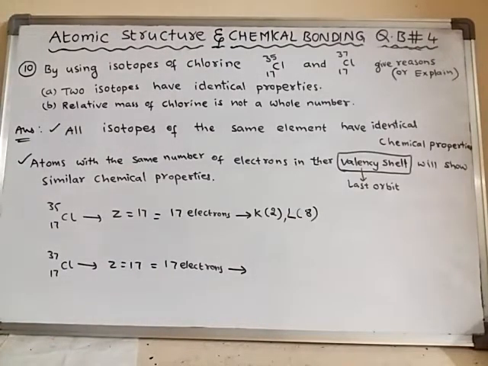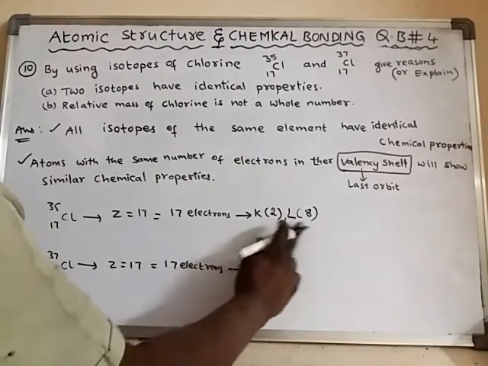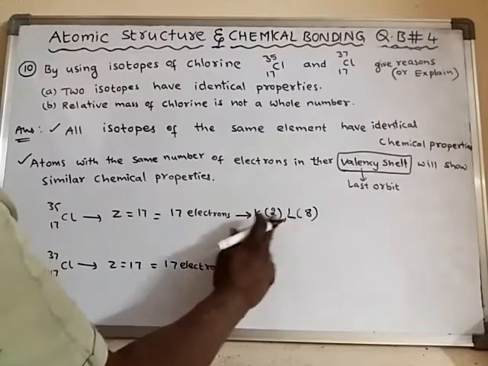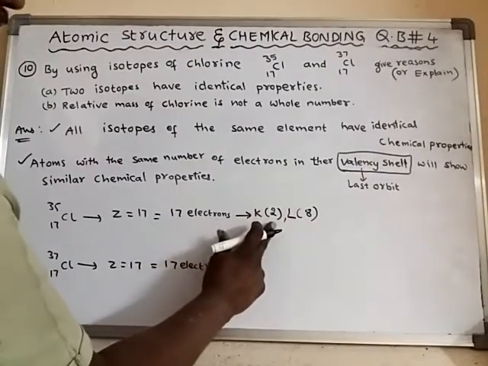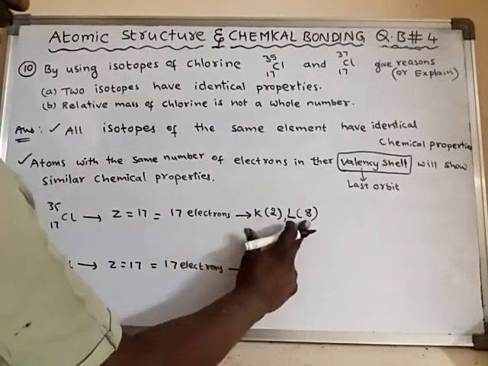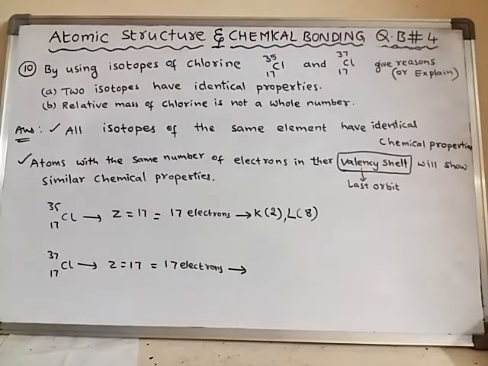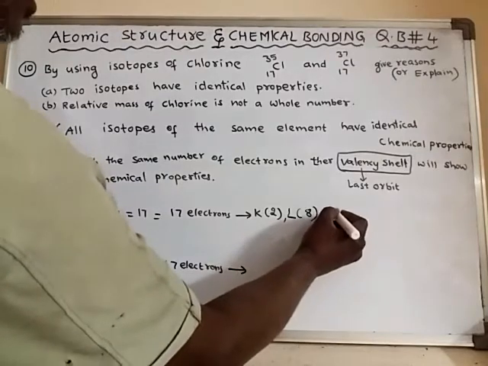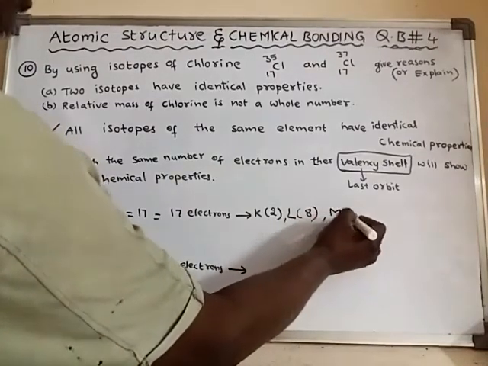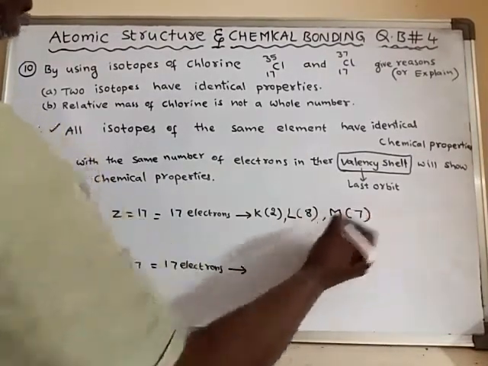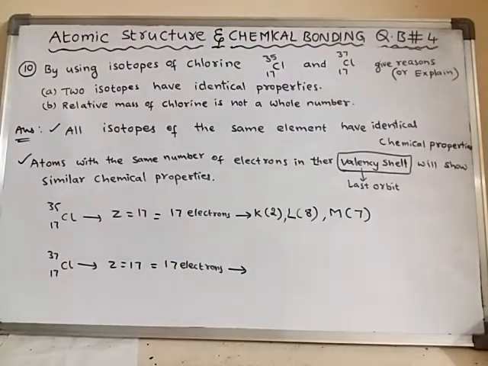So in the first orbit, 2 electrons, second orbit, 8 electrons. But altogether there are 17 electrons. So in the third orbit, the M shell, 7 electrons are left over.